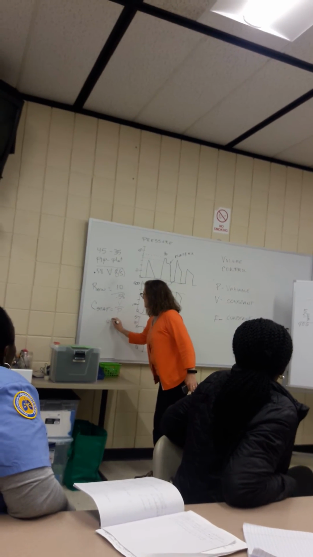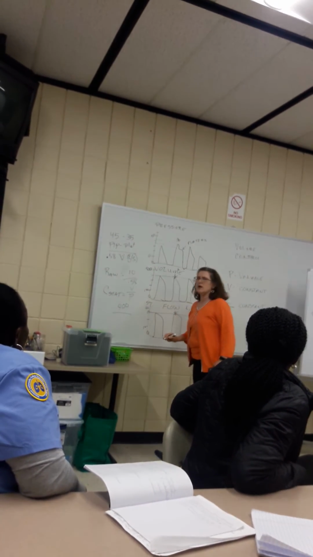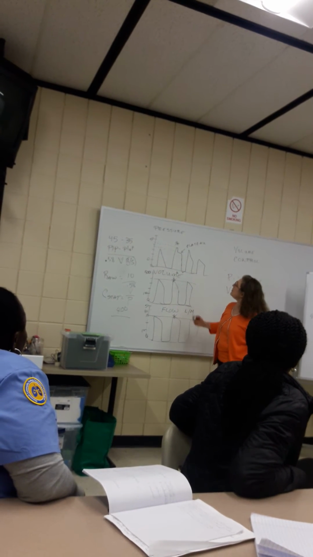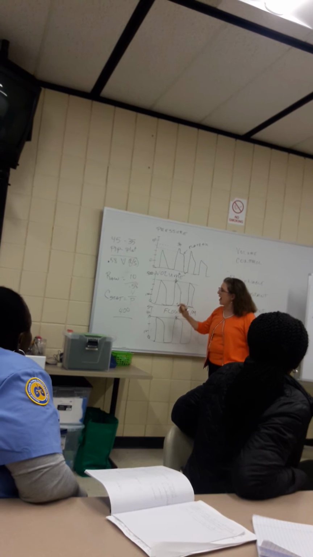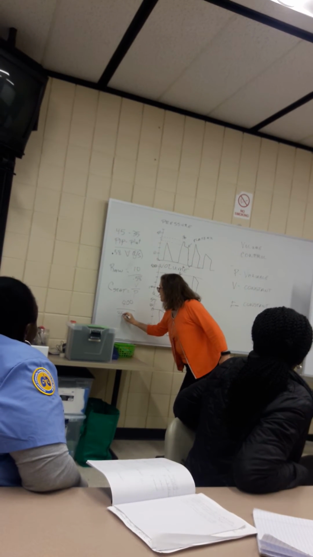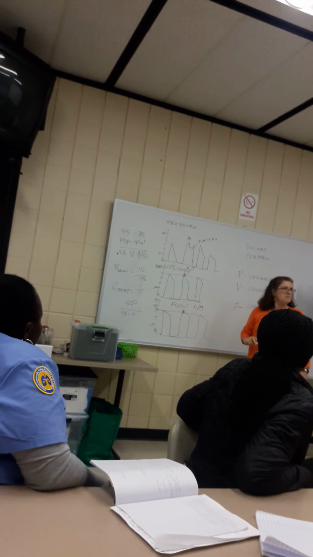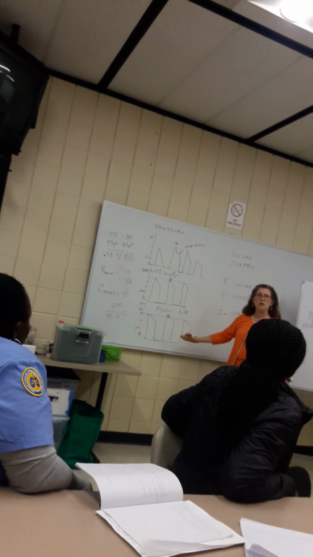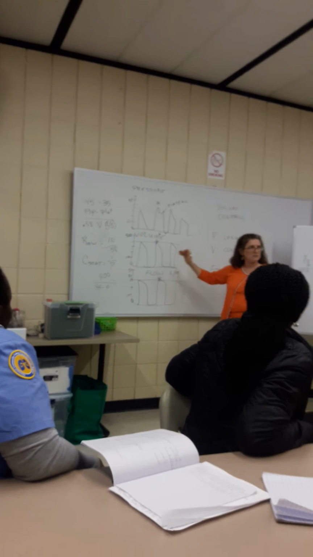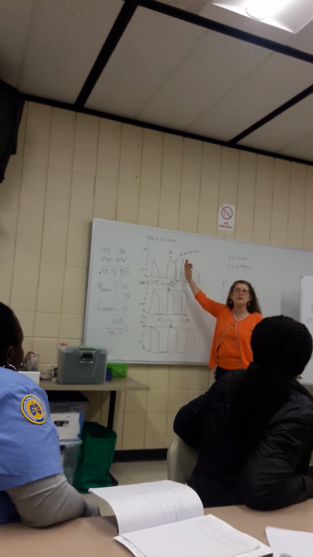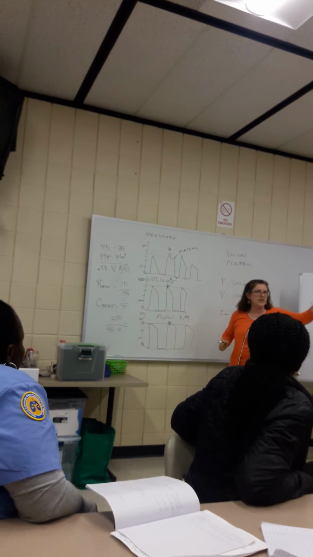Okay, 400, and plateau was 35. There's no PEEP, so minus 0. So you can figure out compliance, and you can figure out your airway resistance because you've got every factor that you need in those equations.